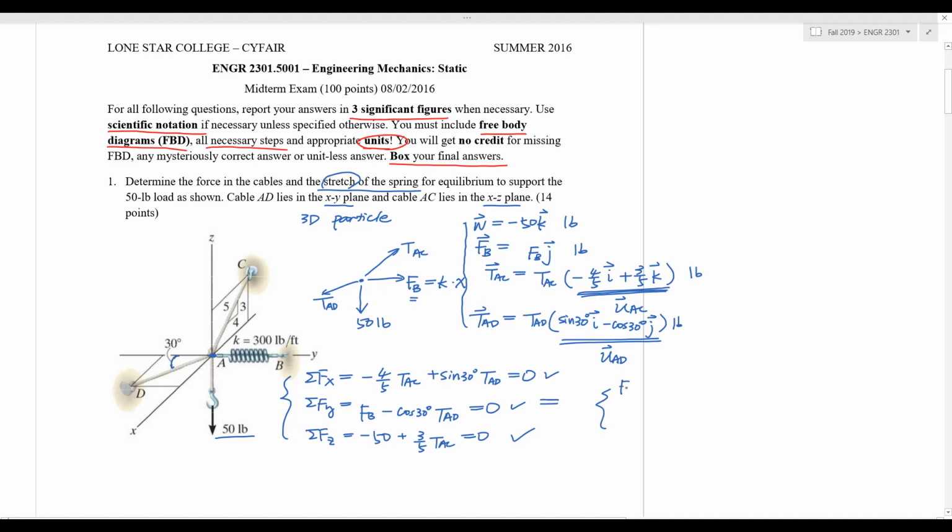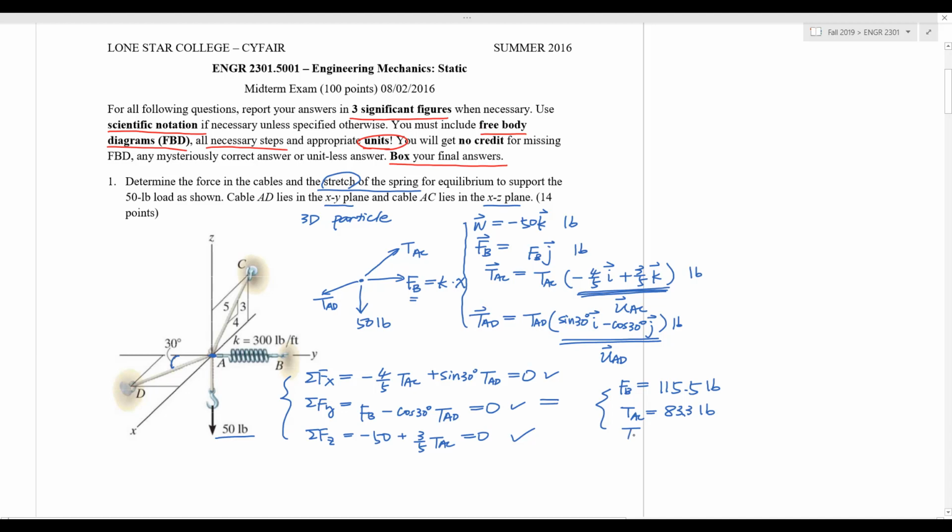Therefore, we will have our FB, which is the spring force, that is 115.5 pound. Yes, that's four significant figures, but we're not done yet, right? I'm still going to use that to solve for the stretch. And then my TAC is 83.3 pound.